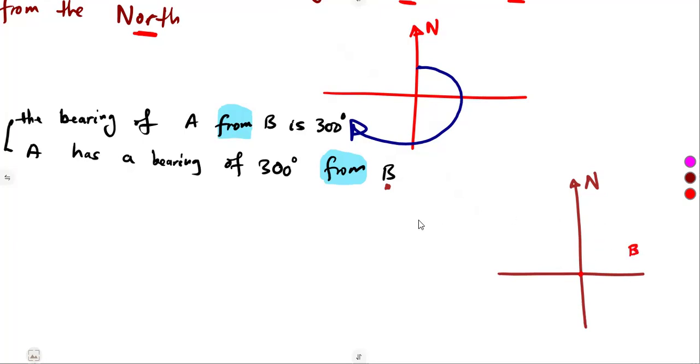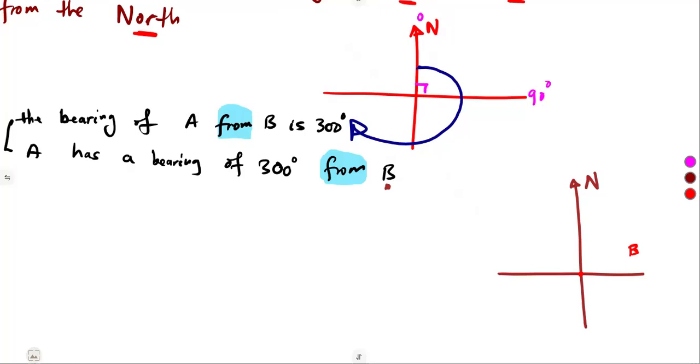From that point B, going to A, we must rotate 300 degrees. As we understand the concept of our quadrants, here we have subdivided this into quadrants. 360 degrees divided by 4 means each quadrant has 90 degrees.